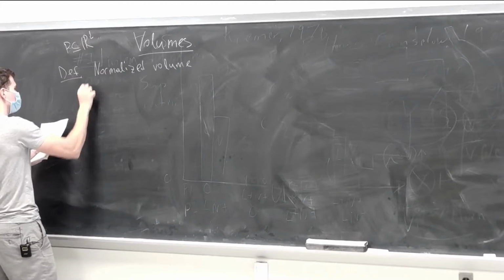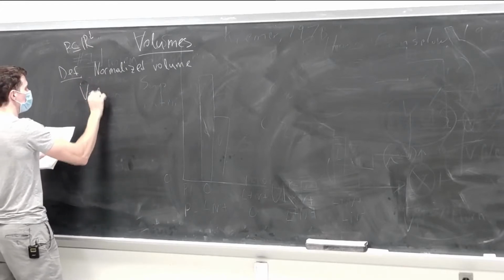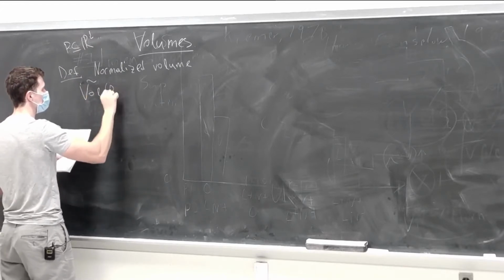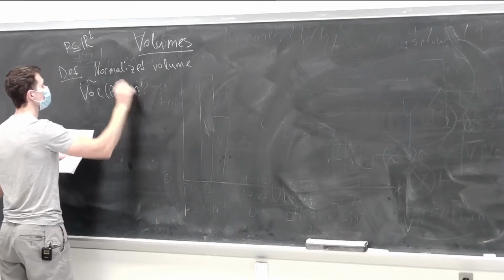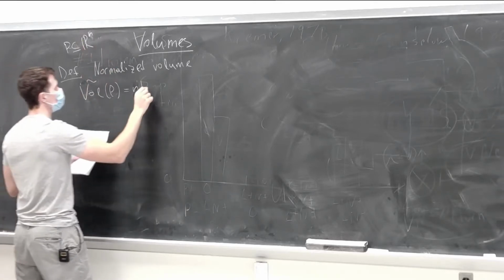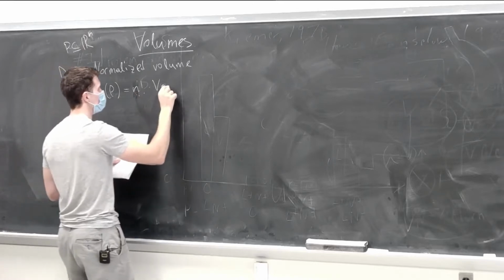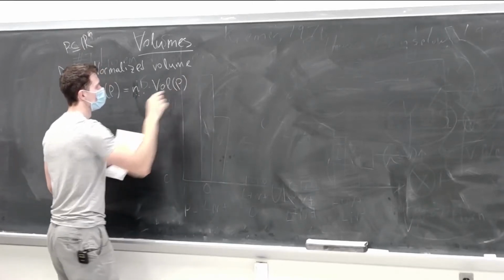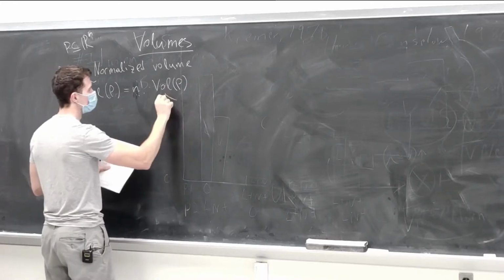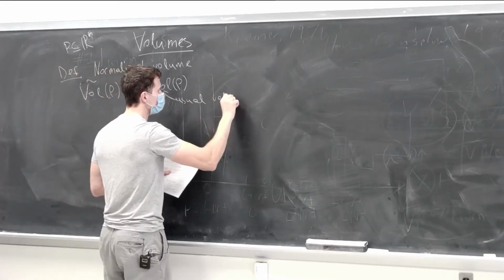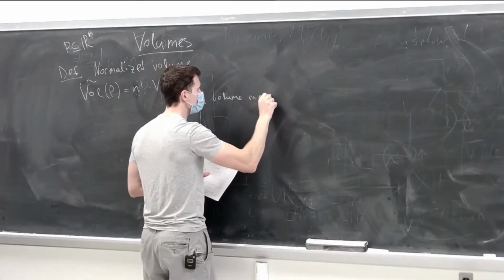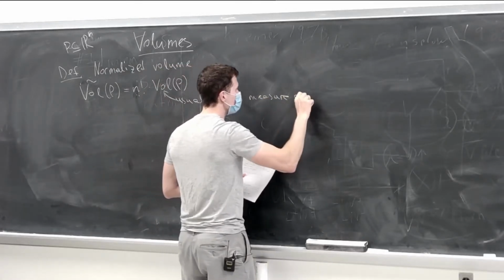Then, by definition, the normalized volume is n factorial times the usual Lebesgue volume of P on R^n.